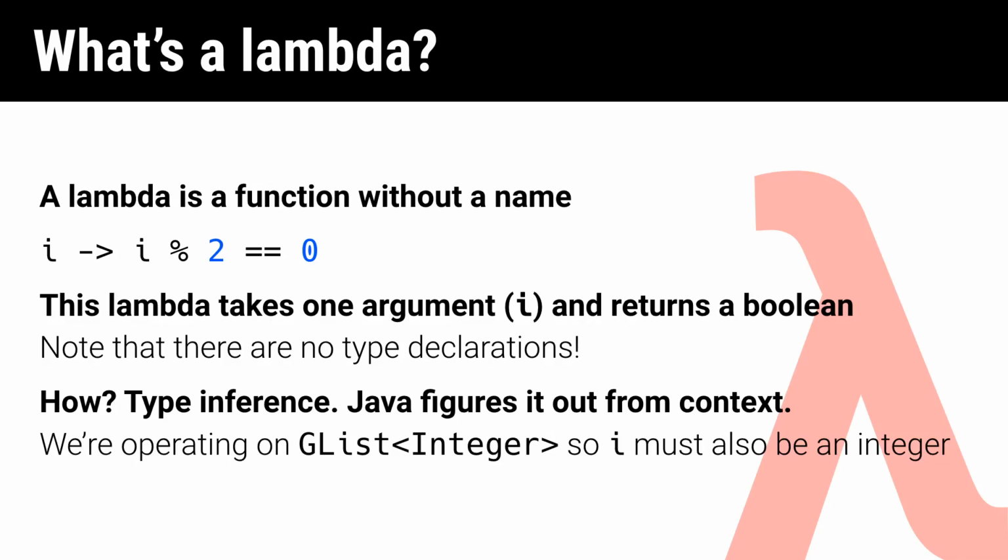From the fact that you are using this lambda as an argument to list.filter, therefore it must be having as an input the same type as the list, and it must be having as an output a boolean, because that's what filter requires. Java figures it out. So this means that your code is cleaner, shorter, easier to read, and that's a good thing.